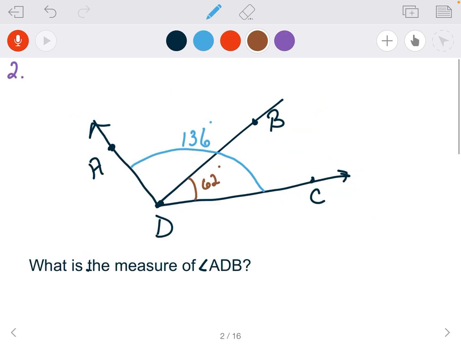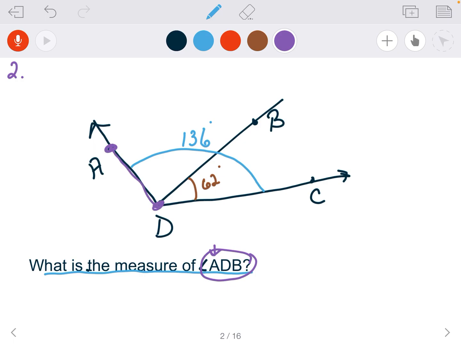All right, let's move on to number 2. I'm not going to repeat it. These are all similar to your problems. So what is the measure of angle ADB? Remember, if I'm trying to identify this angle, I start at the first letter and put my pencil on it, so I'm going to use the purple.